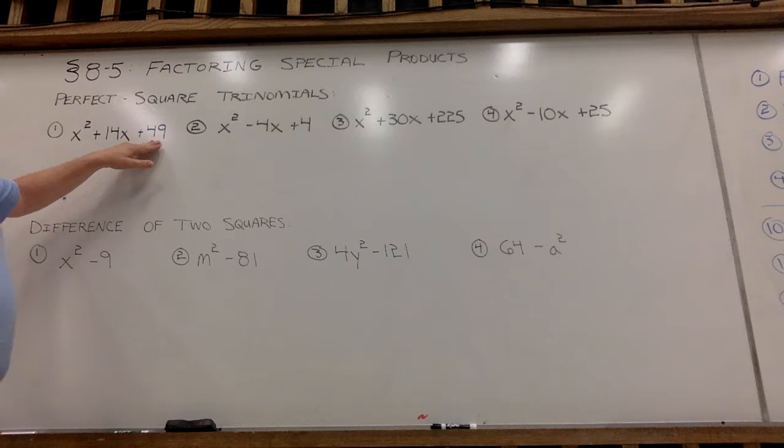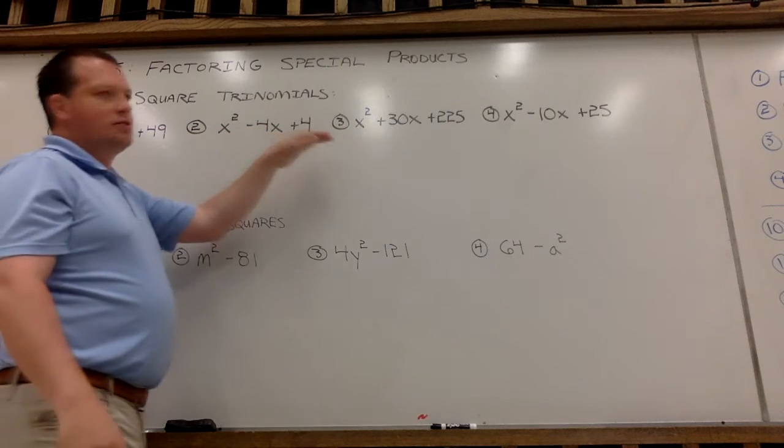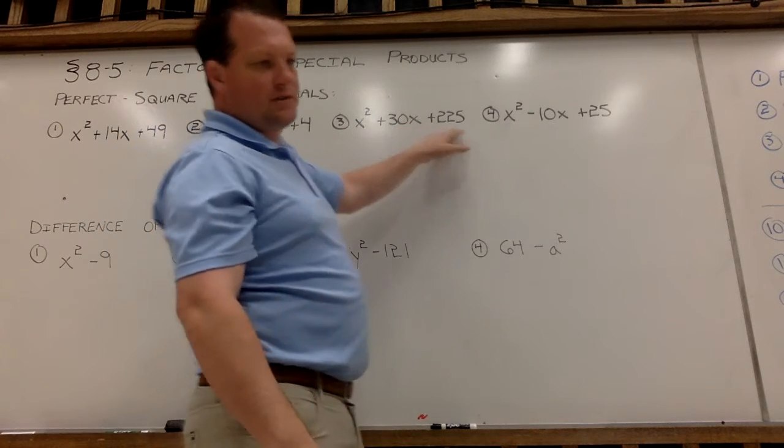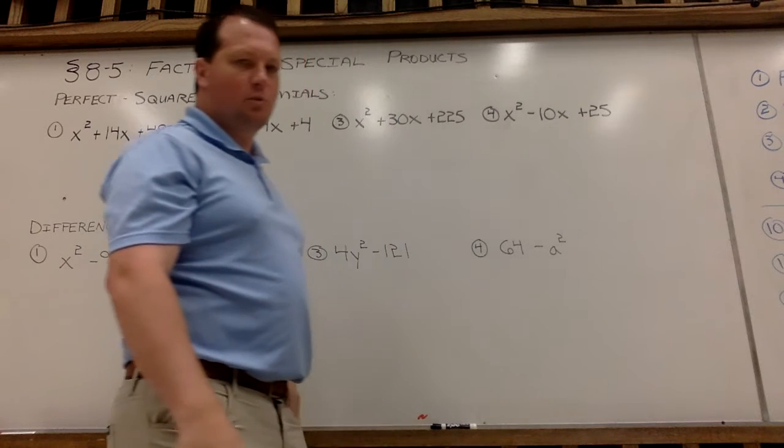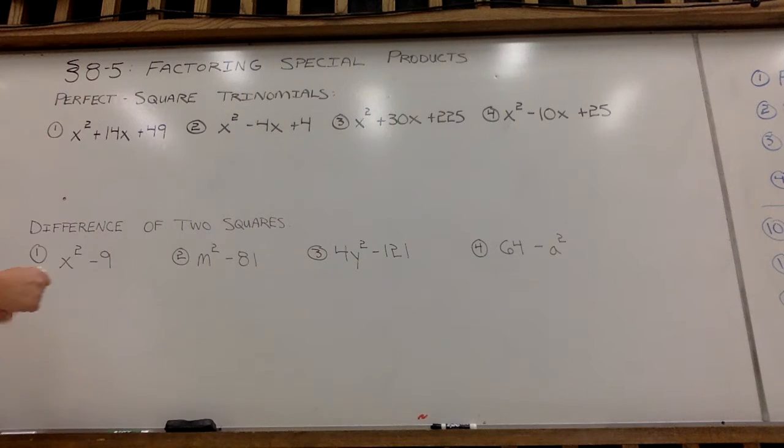So the square root of 49 is 7, 4 is 2, 225 is 15, and 25 is 5. So as I look at the first example here, I am trying to find two binomials.